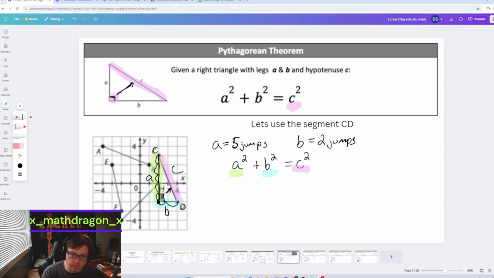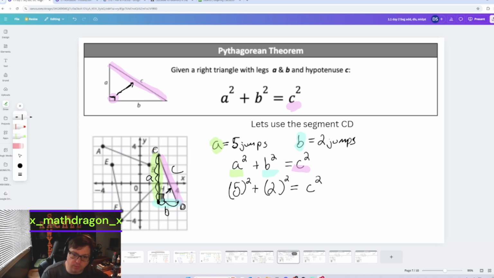So our B is blue and A is green, so that when we say, okay, that A we said it was 5 jumps, well, that's the number we're going to put in here, 5 and then square. And then our B value was in blue, we said is 2 jumps, and we're going to square that. And then C is what we are looking for. So I'm going to keep C as C and keep the squared sign.